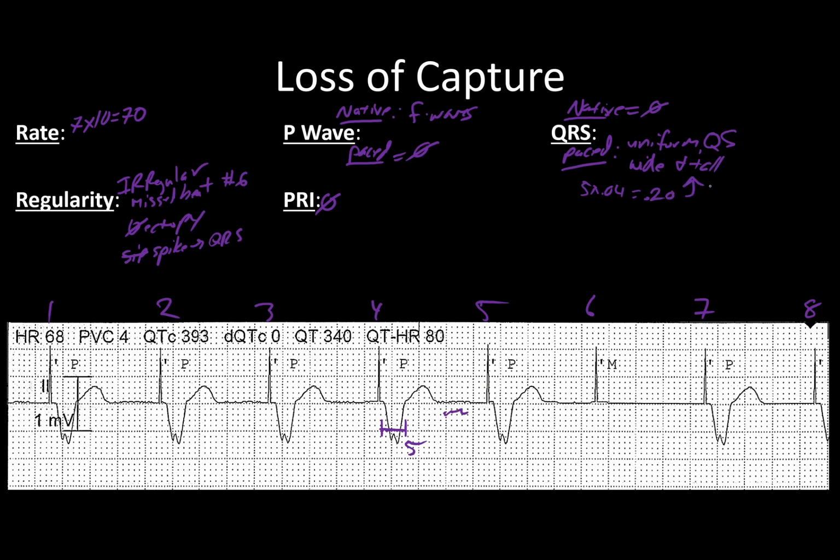So yeah, definitely wide. In terms of the tall, of course, I'm going to use my gauge here, and we can tell that it exceeds that mark, so that tells me that we have a higher amplitude. Number 6 is missing the QRS.